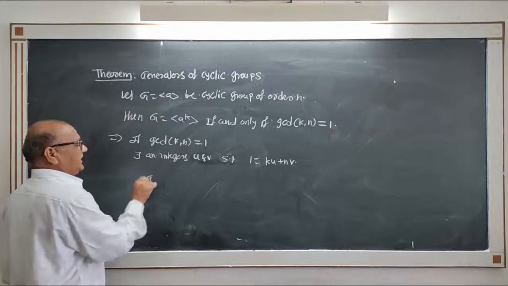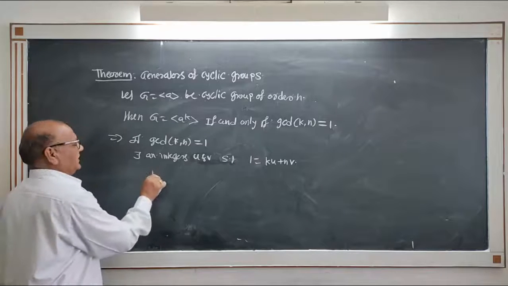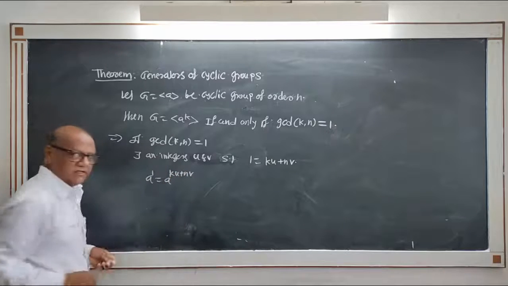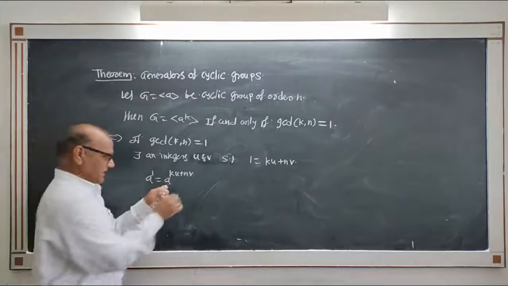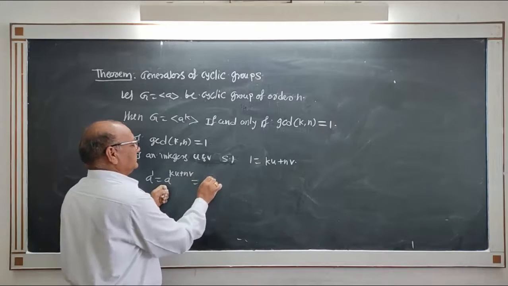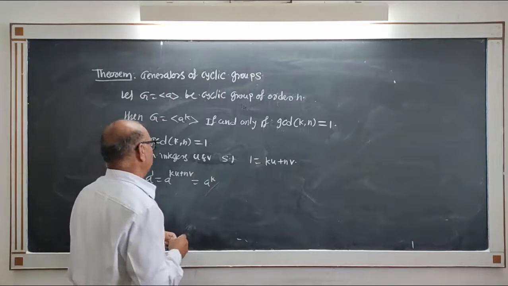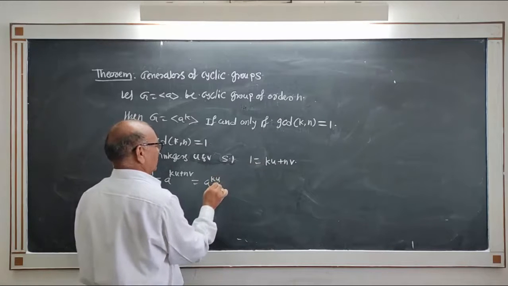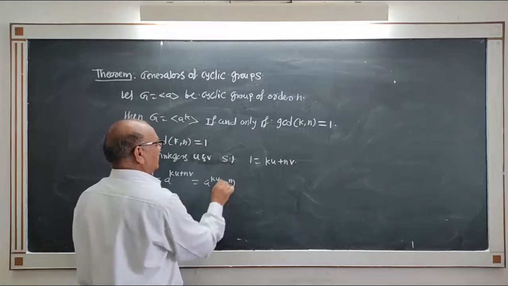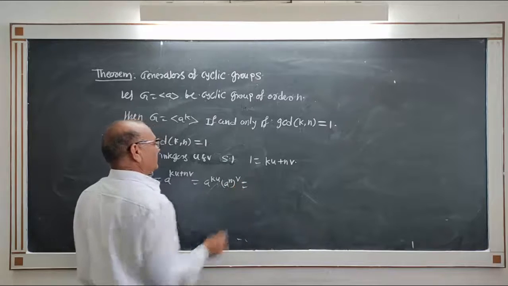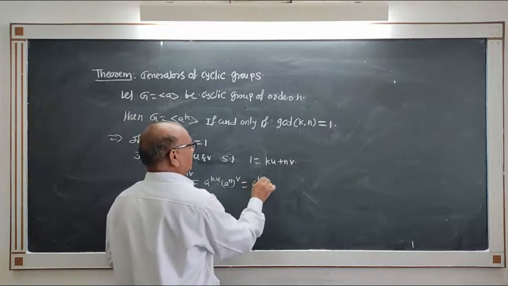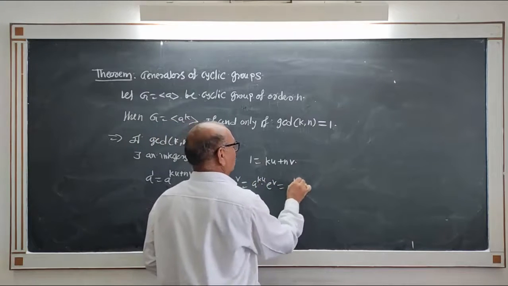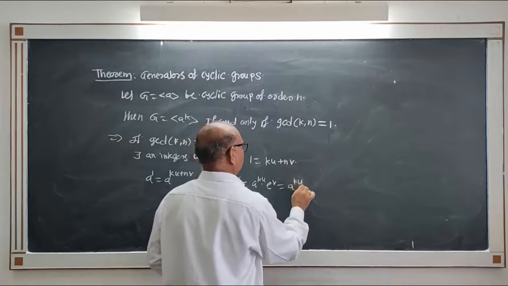See here, a raised to 1 is equal to a raised to ku plus nv. This can be written as a raised to ku into a raised to nv, which is equal to a raised to ku into e raised to v, that is a raised to ku into e.